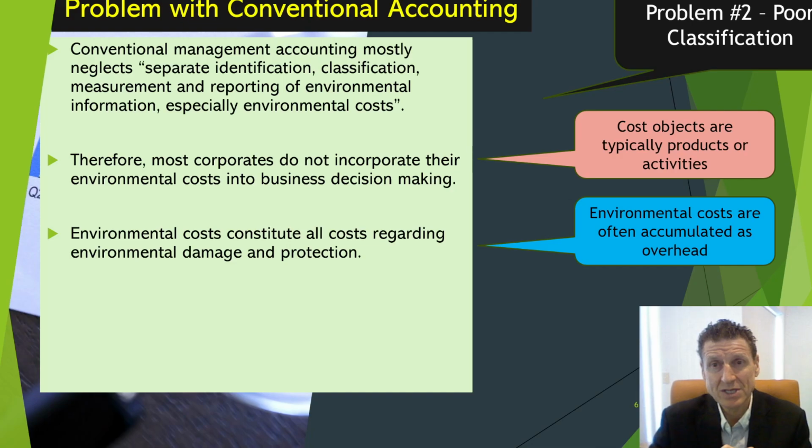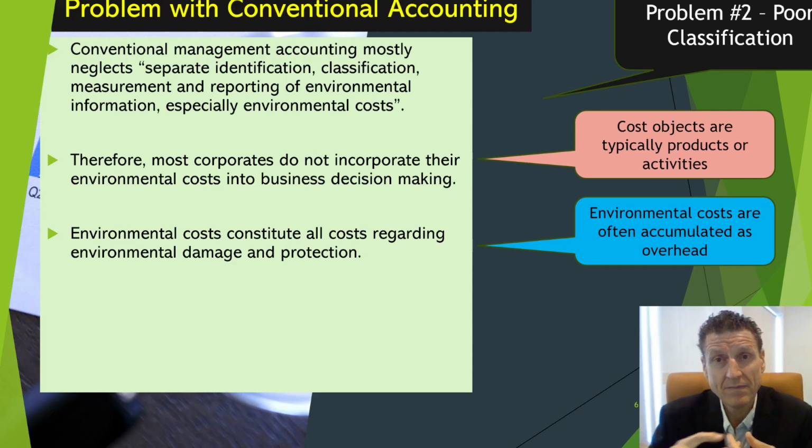And so typically environmental costs are accumulated as overhead, but we need to think of more creative ways to better allocate environmental costs to the value creating activities in the organization. And the value creating activities are the making of products, the providing of services. If we can attach environmental costs to these value creating activities, then that will, number one, make environmental costs more important, because it informs the decision about whether we make product A, B, and C more accurately.